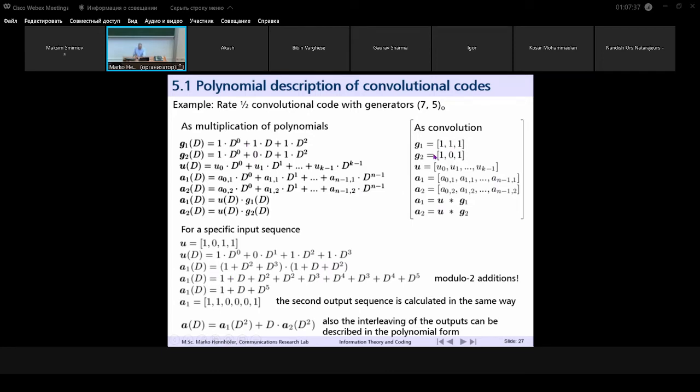So don't be confused if you see other descriptions of what we did here. Typically you will find an easy way to get back and forth. We did it this way with the octal numbers, because this is how you will find it in the wireless standards and in the communication Bible by Proakis.